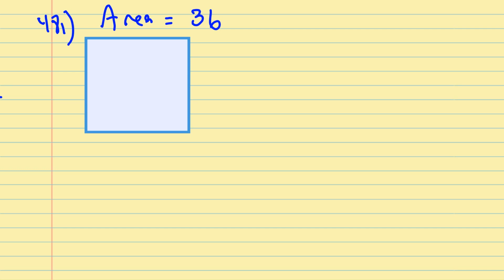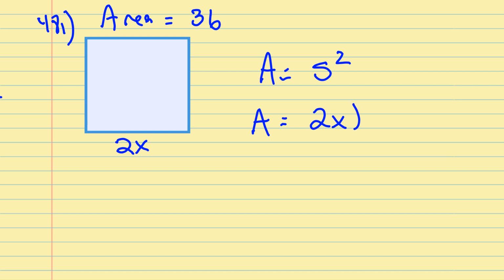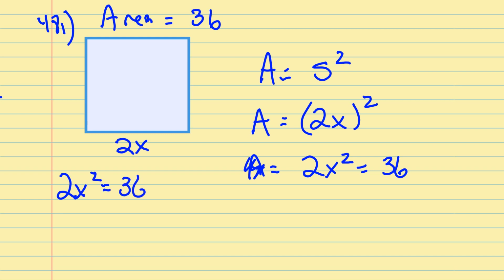Alright, the next one, we have the area of a square. Area is equal to s squared. And I know that one side is equal to 2x. So I'm going to say area equals 2x squared. And remember, the area is equal to 36. So I have 2x squared equals 36.